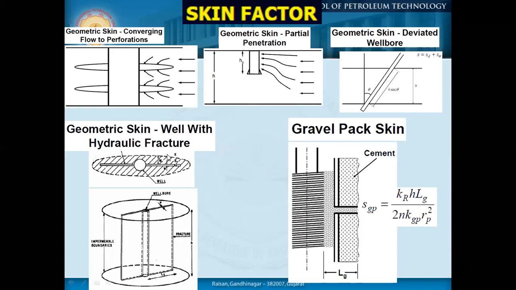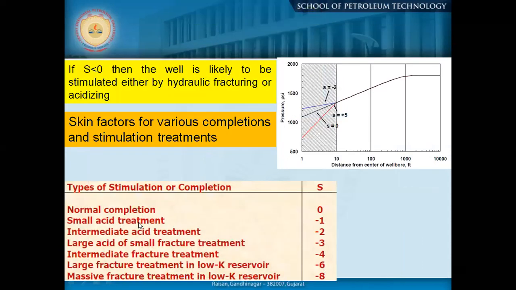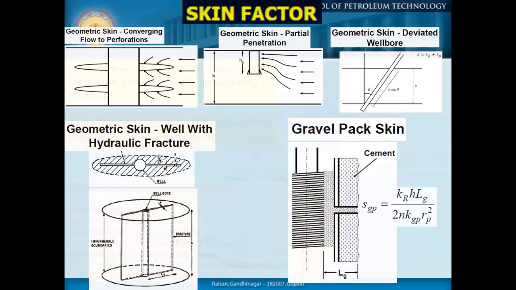Then we have the hydraulic fracturing. You see this fracture, and what is the natural fracture? What is the difference between these two? Natural fracture is already in the reservoir, and we have the hydraulic fracture. You see, in the hydraulic fracture, the length of the fracture is not extended far. So the two effects are different.